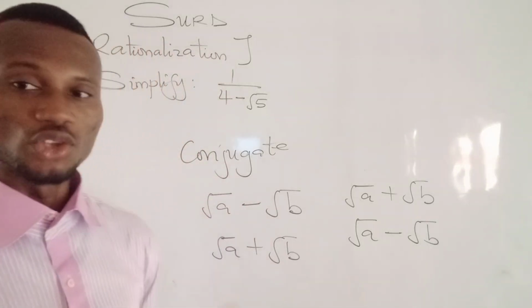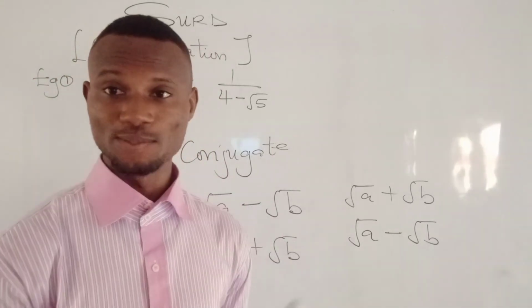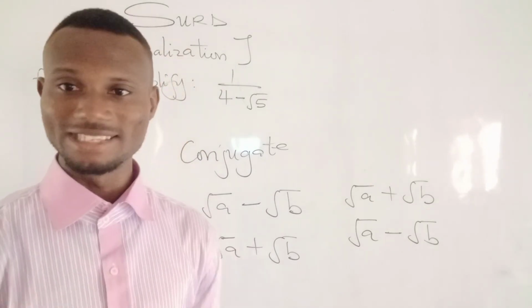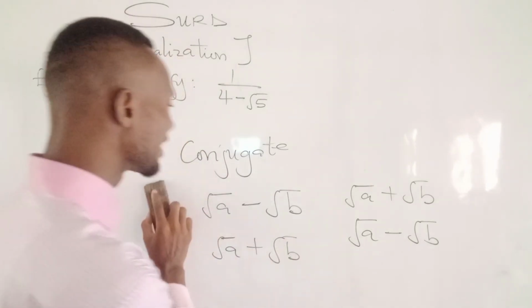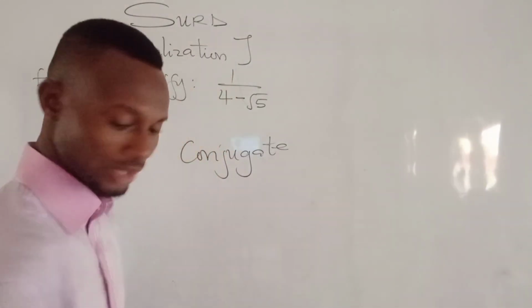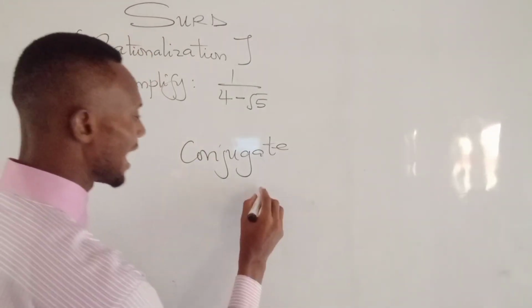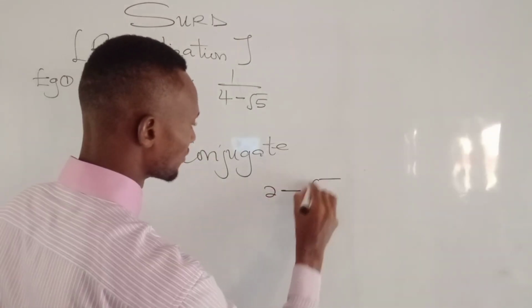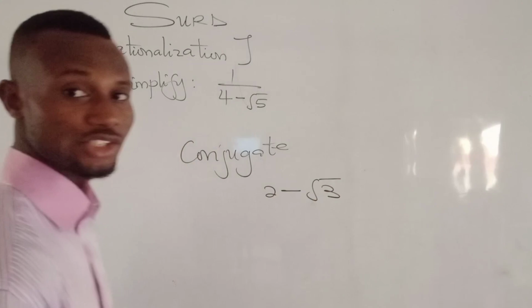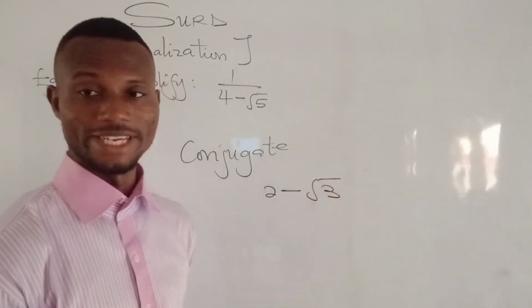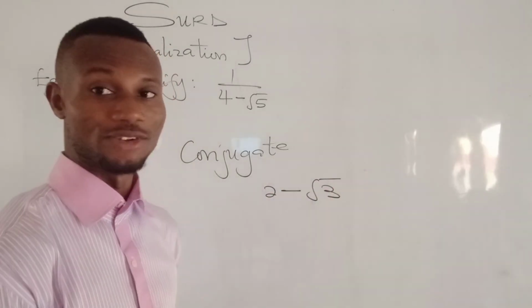Okay, so let me use other examples to explain it to you, for you to get a better understanding of it. I'm going to clean this one from here. So let's try another example. Let's say I have 2 minus root 3, and I ask you what is the conjugate of this expression that I've written on the board.